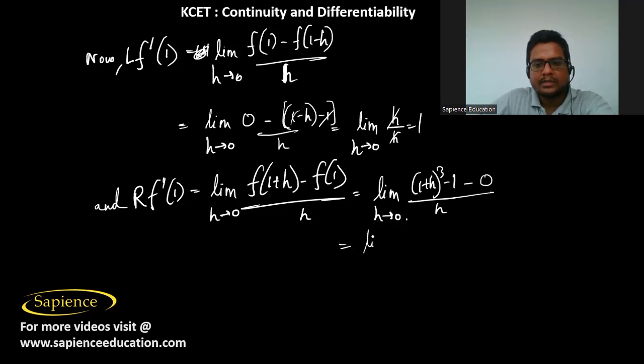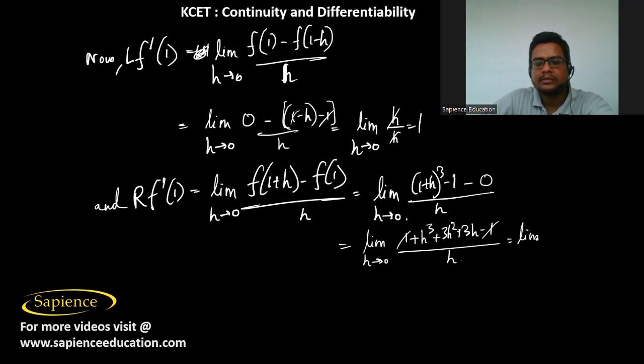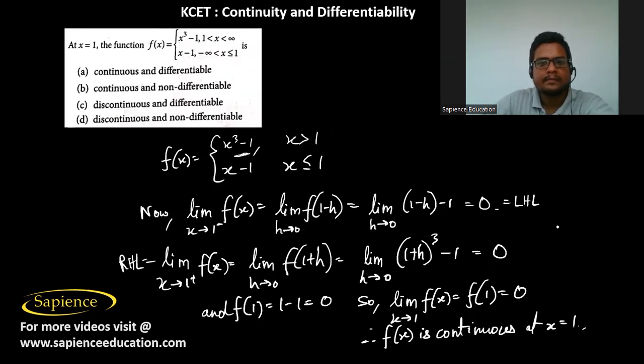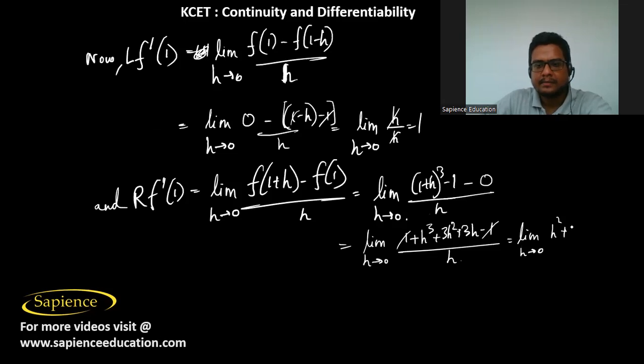That will be equal to limit h tends to 0 of 1 plus h cube plus 3h square plus 3h minus 1 by h. So this will be equal to limit h tends to 0 of h square plus 3h plus 3. If you put h equal to 0, that will be equal to 3.